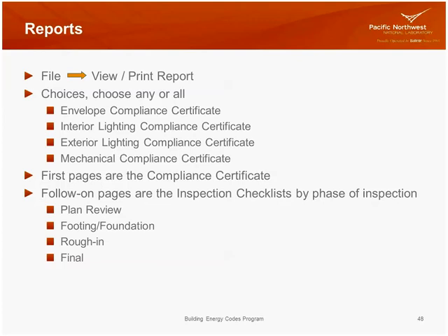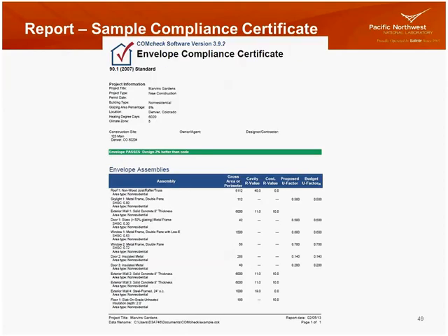So it will have a plan review section, footing foundation, rough in, final, it'll have electrical, lighting, mechanical. All depends on your project though. It all depends as far as what would be in those inspection checklists based upon your project information that you've entered. So here's a sample screenshot of an envelope compliance certificate.